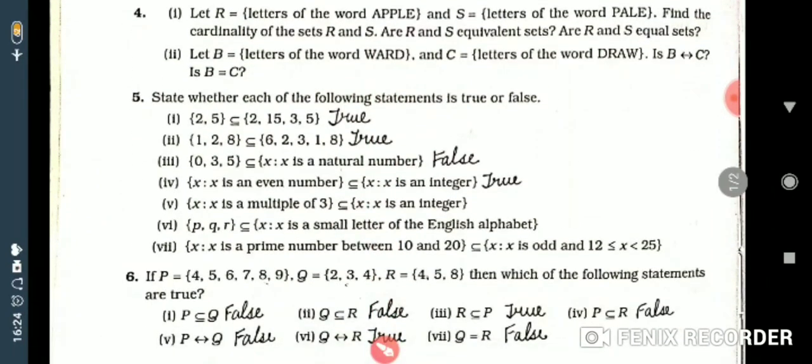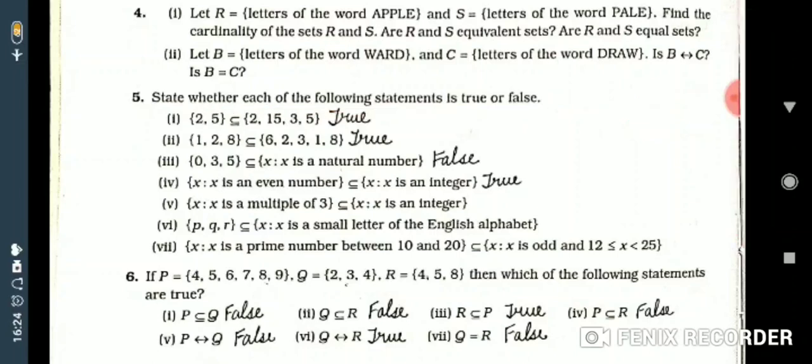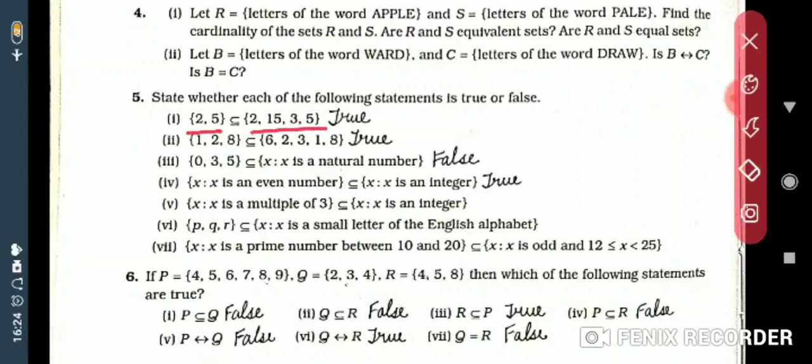Now here, state whether each of the following statements is true or false. As you know very well, this sign is for subset. Yes or no? So first is here 2 and 5. Is 2 and 5 a subset of this? Yes, subset means all the elements of this set should be there in this set.